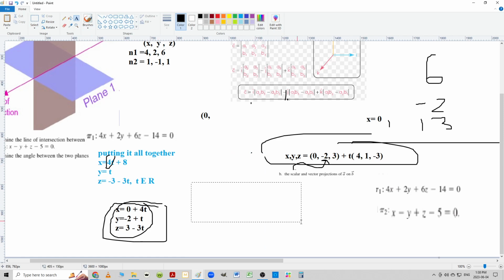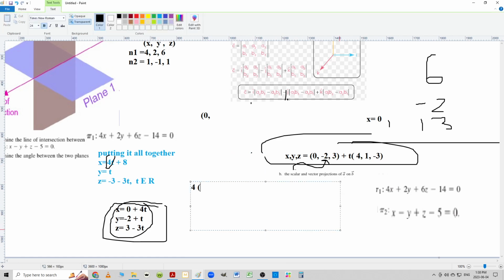So I see 4x, and instead of x, x is equal to 0 plus 4t. And then plus 2y. Well, y is equal to minus 2 plus t. And then for z, I got plus 6z in the first line, and 6z is equal to 3 minus 3t.